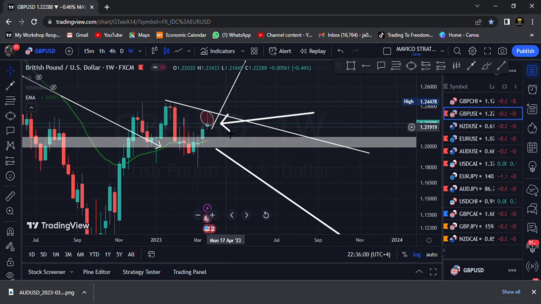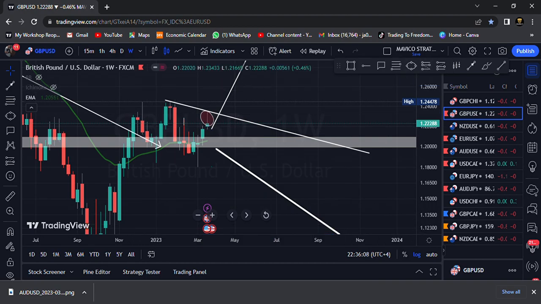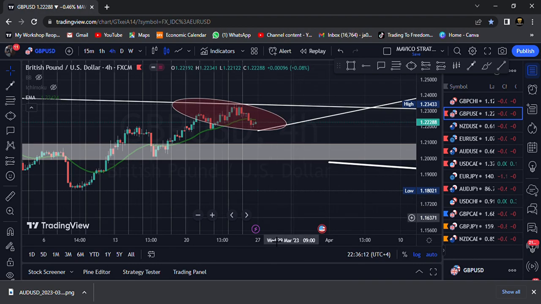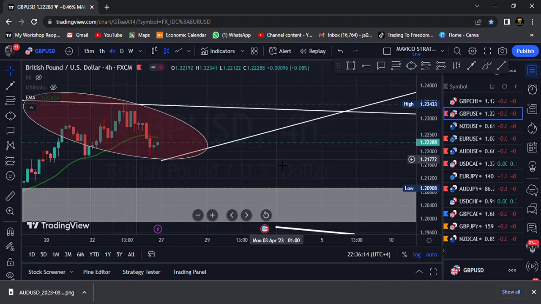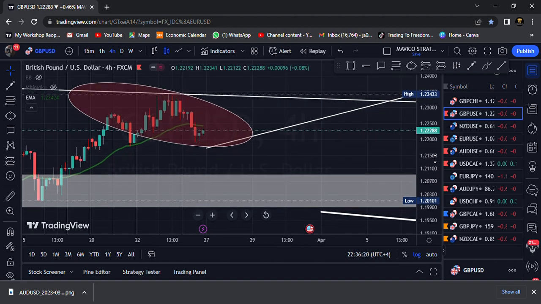So to confirm that we can be looking for sells, though it's above the moving average, we had to go down to the 4 hour, and on the 4 hour price is already trading below the moving average. So at this level, with price trading below the moving average, we can then look for a sell signal.